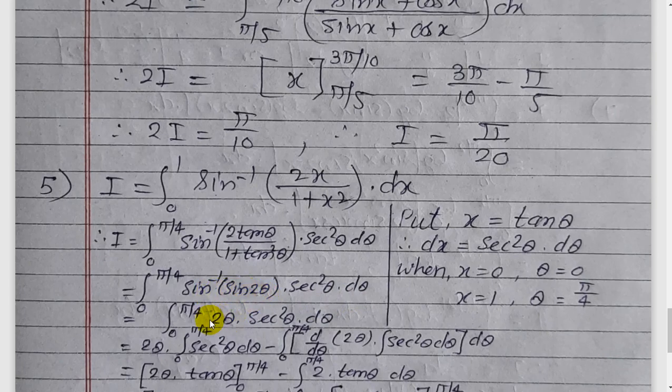So I equals integral from 0 to pi by 4 of 2 theta sec square theta d theta. Now using integration by parts, because it is 2 theta into sec square theta d theta, according to the LIATE rule it is already adjusted.